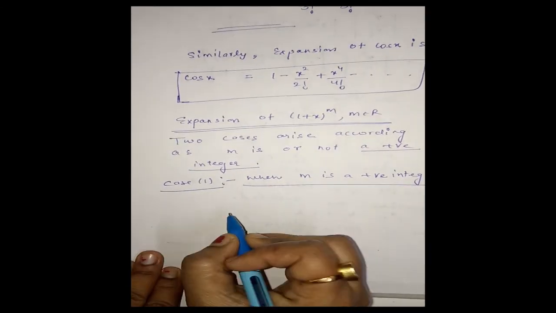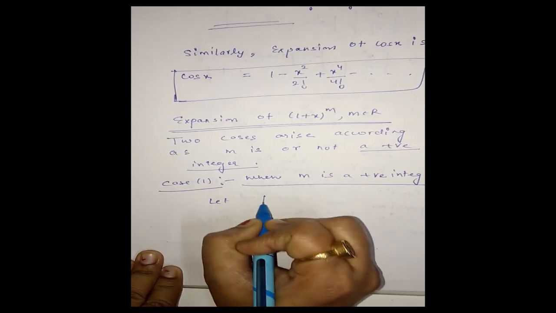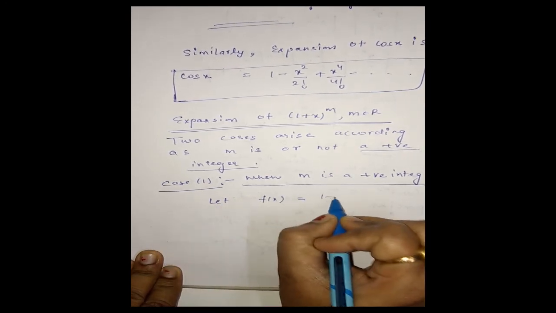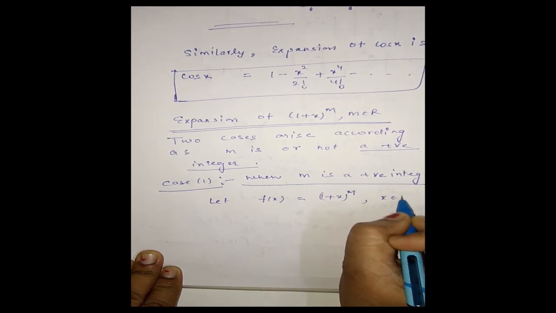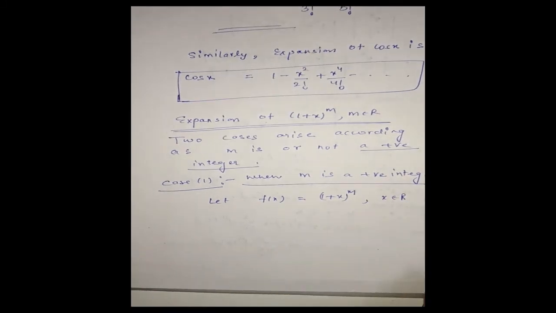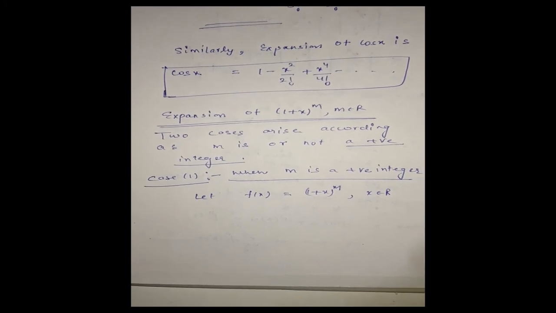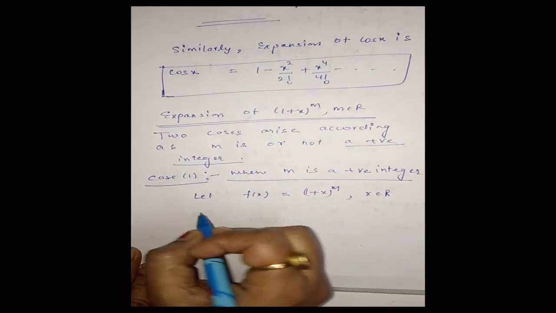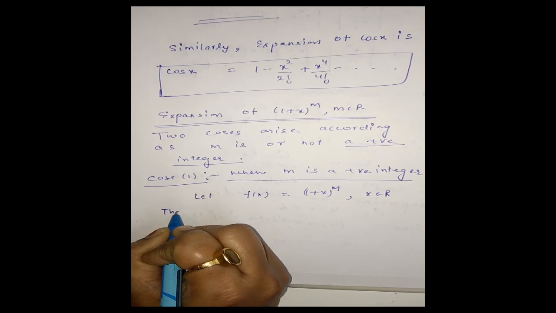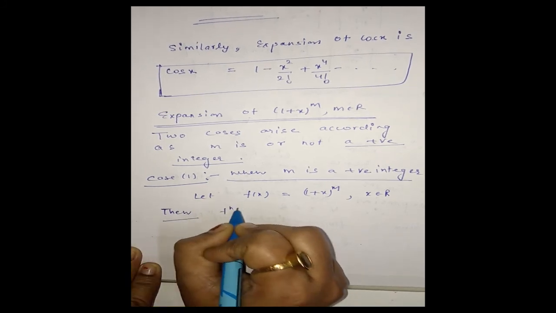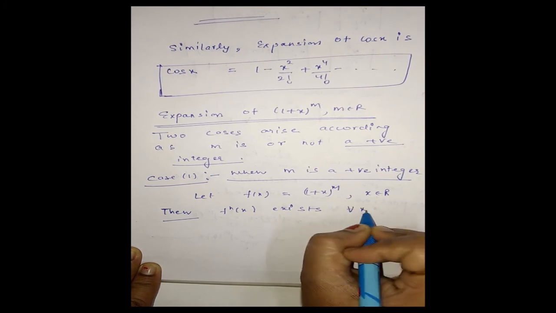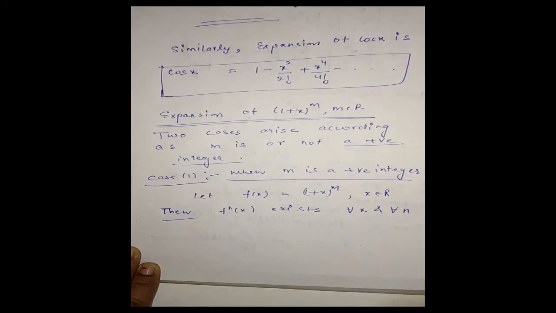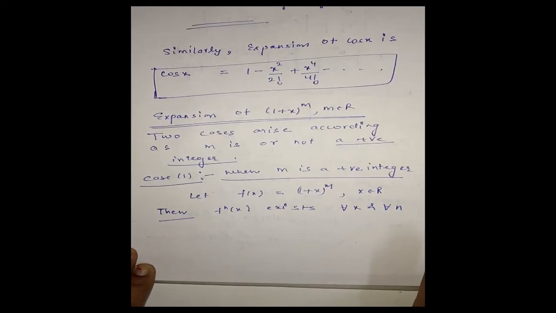Now, let f(x) = (1 + x)^m, where x belongs to R. Then f^(n)(x) exists for all x and for all n.